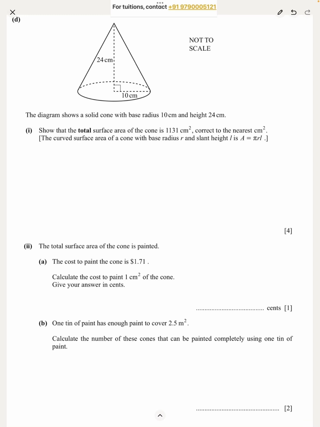There's a hint given in the box. The CSA of a cone with base radius r and slant height L is equal to pi RL. Okay. So TSA of the cone is equal to CSA plus base area.